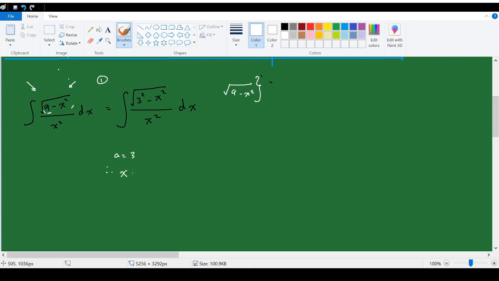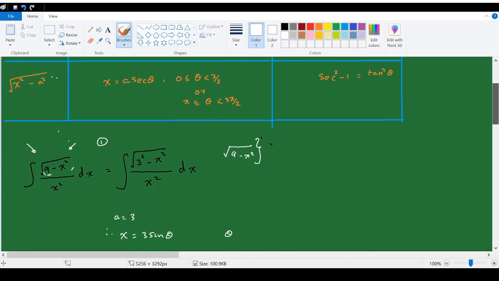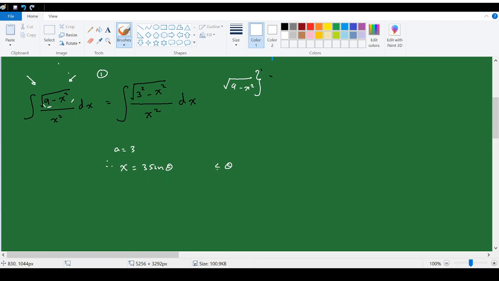That means x equals 3 sine theta, where theta belongs to the range minus pi by 2 to pi by 2. You will see why this is important in a moment. As we have the substitution, we are going to use it in place of x and see what will happen.